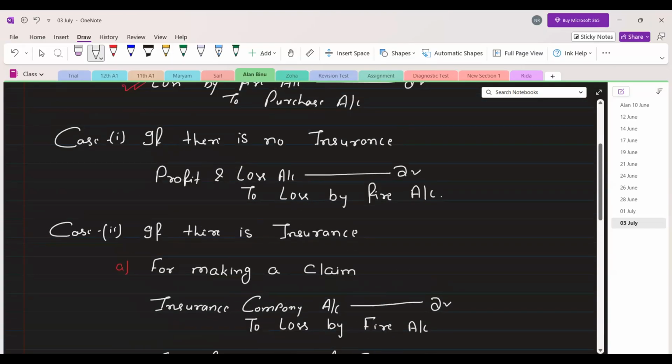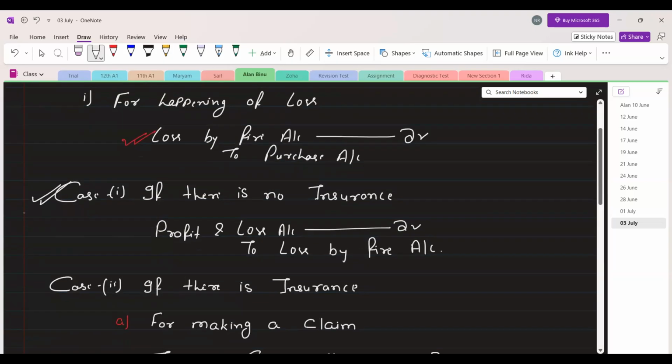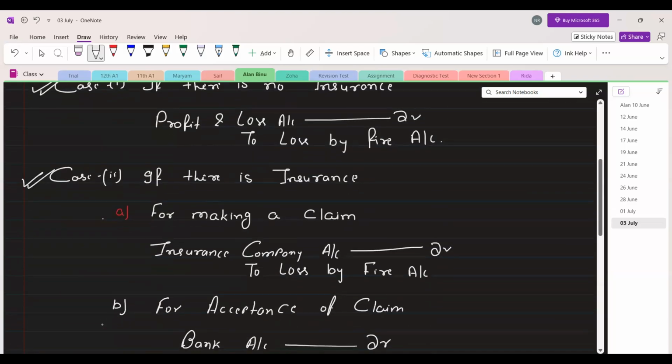First is for loss. Actually, case one is only applicable if there is no insurance. If there is insurance, then we don't have to follow case one; this entry is not applicable. So the first entry will be this, the second entry for making a claim, and the third entry for acceptance of claim.